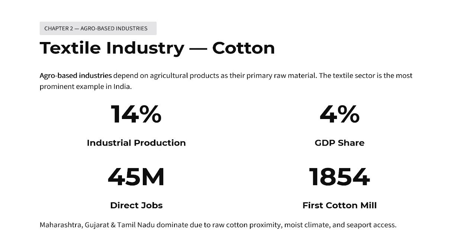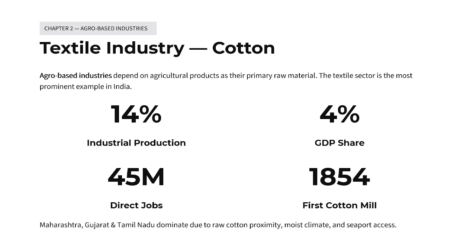Why was the textile industry established near Tamil Nadu, Gujarat and Maharashtra? Because of the proximity of transport, the moist climate, and seaport access. You have to remember. When was the first cotton mill established? 1854.